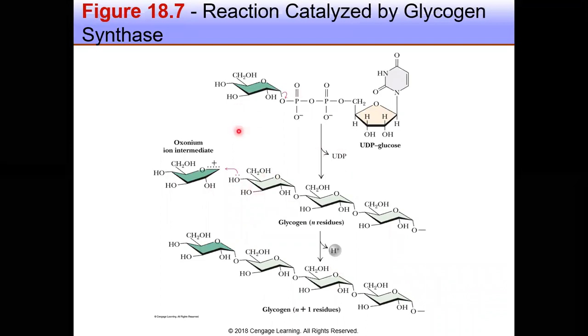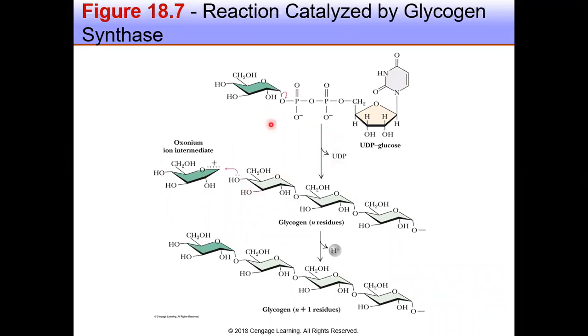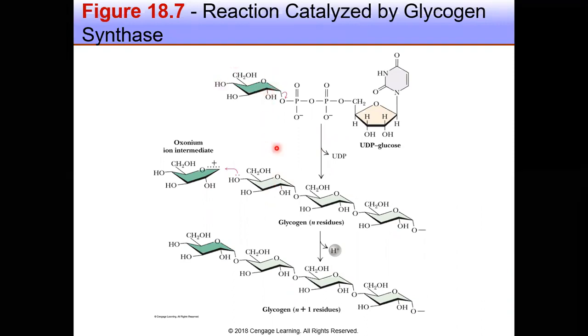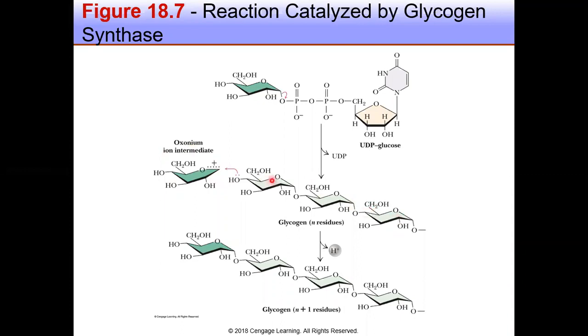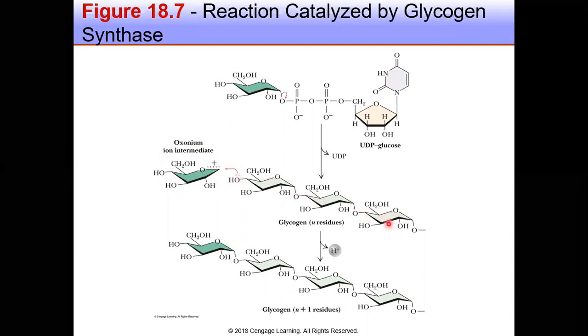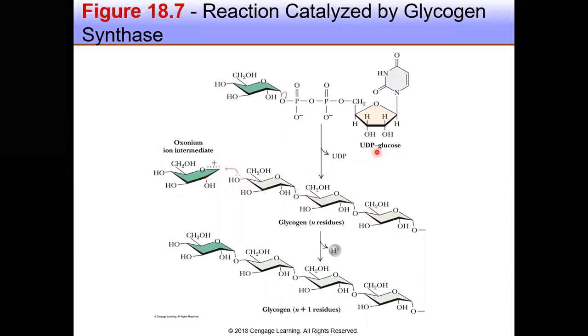This figure shows us how glycogen synthase adds one glucose to an existing chain here. So UDP glucose, UDP acts as a carrier of glucose that is added to a growing chain.